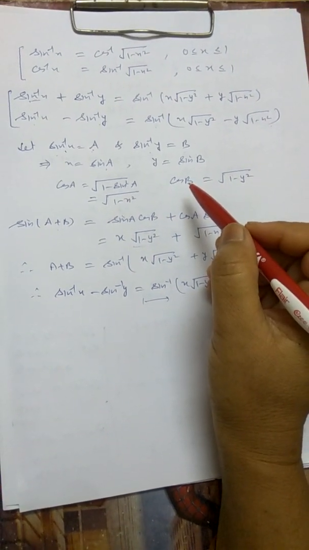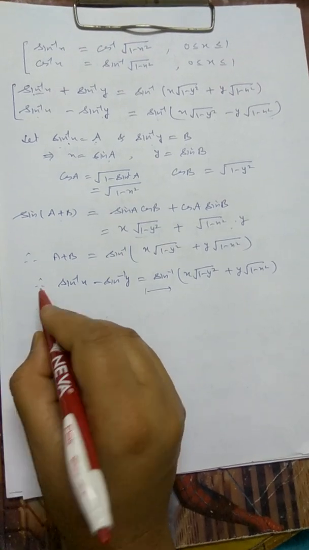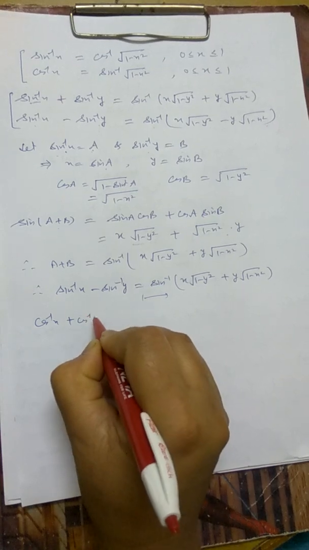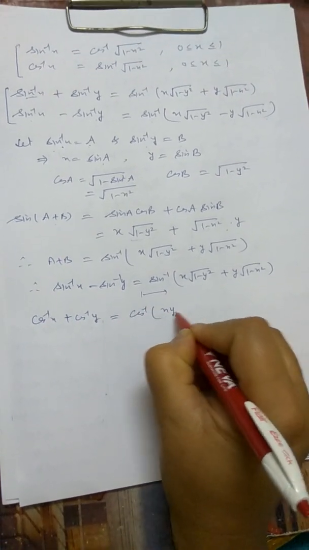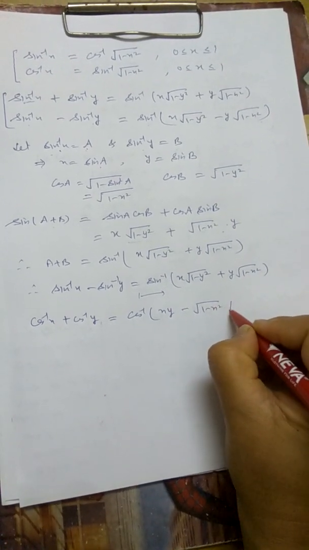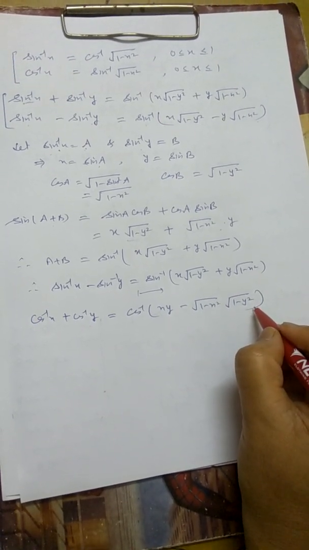And similarly, we can prove some more results, that is cos inverse x plus cos inverse y is equal to cos inverse of xy minus root of 1 minus x square into root of 1 minus y square.